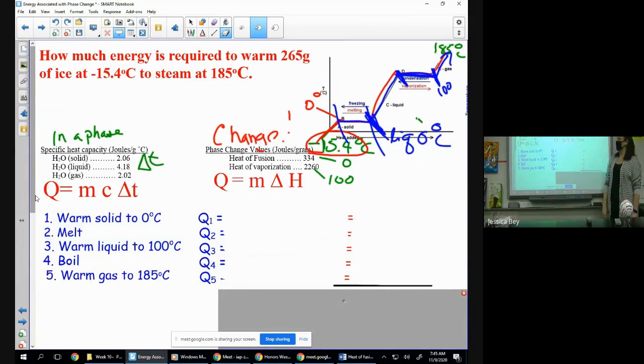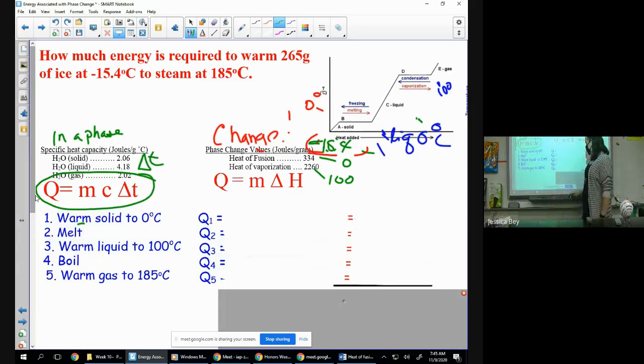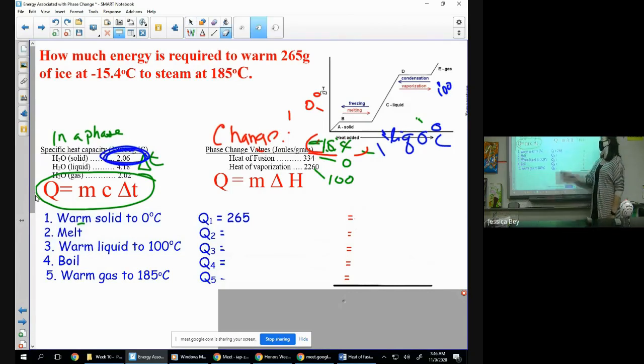All right. Now, I just cluttered this up. Let's get out of here. So we're starting way down here at negative 15.4 degrees. It says I need to warm my solid. So if I am warming, that means I'm doing Q equals MC delta T. So Q is equal to my mass, which is 265, times my C value for a solid, 2.06.